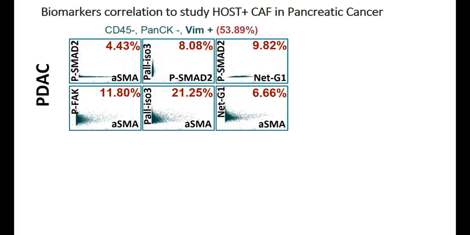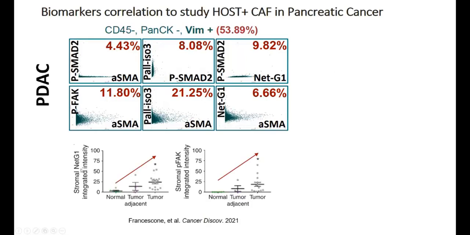As you can see here, when I started to check these particular markers, either phospho-SMAD, palladin, phospho, etc., I barely or practically didn't see any co-expression. But then, based on our previous research, we know, for example, that netrin G1 and phospho-FAK correlate in the co-expression when the disease is progressing from the tumor adjacent fibroblast to the bona fide tumor associated fibroblast.